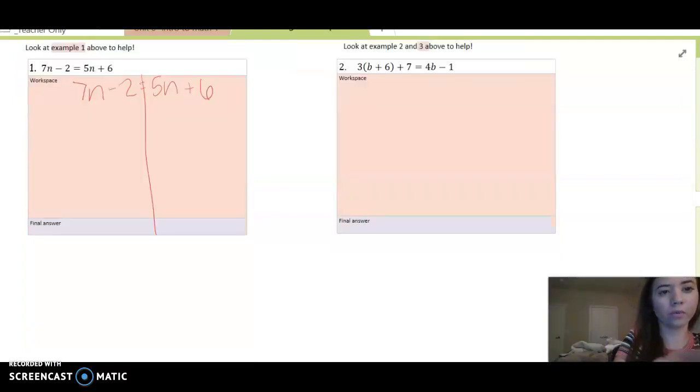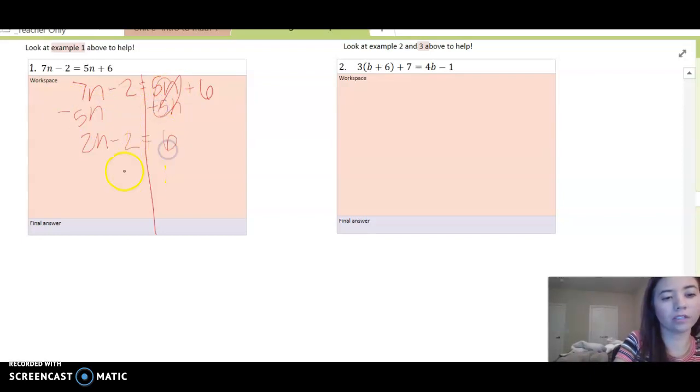All right, for the first one here, we have 7n minus 2 equals 5n plus 6. I can't simplify this side, there's nothing to do. I can't simplify the right side, there's nothing to do. So let me move to number 2, which is to just get our variables to one side. I'm going to move the smaller positive one and get 2n minus 2 equals 6.